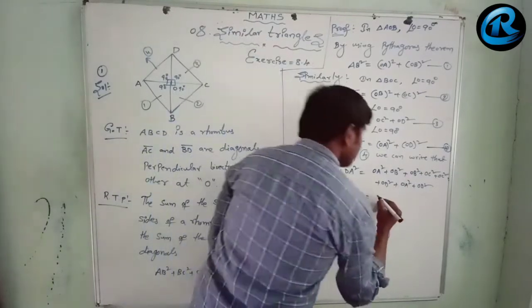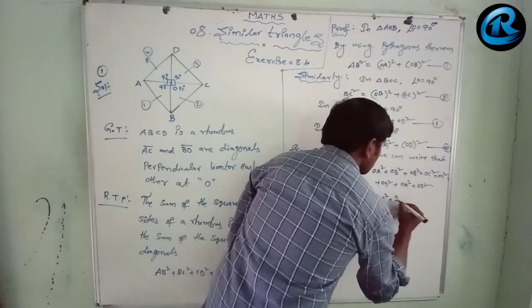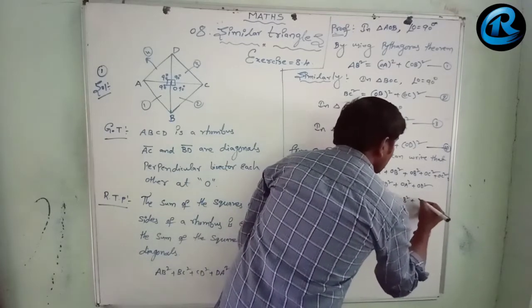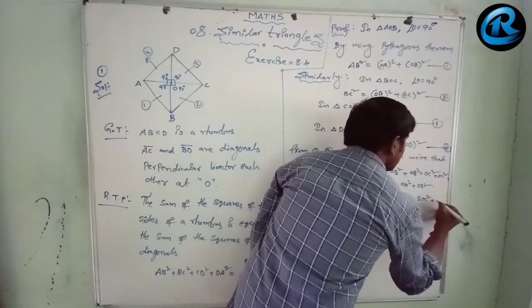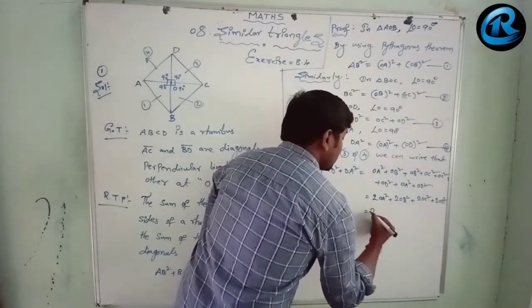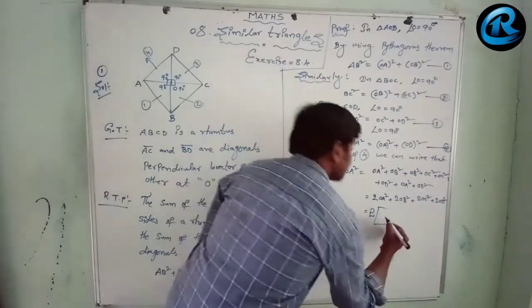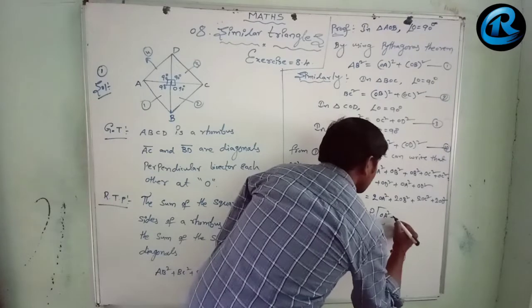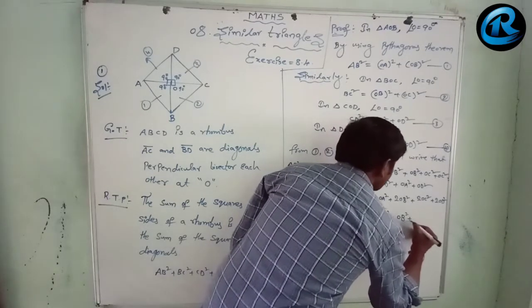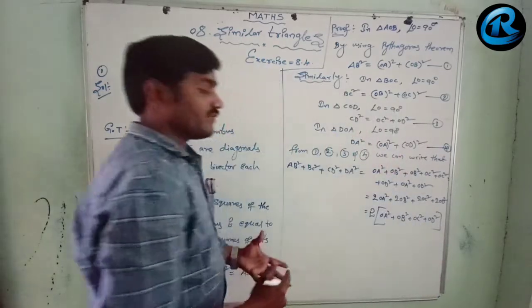So let us write here 2 OA squares plus 2 OB squares, 2 OC squares, 2 OD squares. If you take out 2 as a common factor, what will be left? OA square plus OB square plus OC square plus OD square.